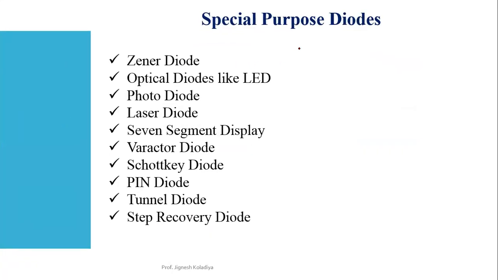These are the special purpose diodes that you have to learn: Zener, LED, photo, laser diode, 7-segment display, then varactor diode, Schottky diode, PIN diode, then tunnel diode, step recovery diode.